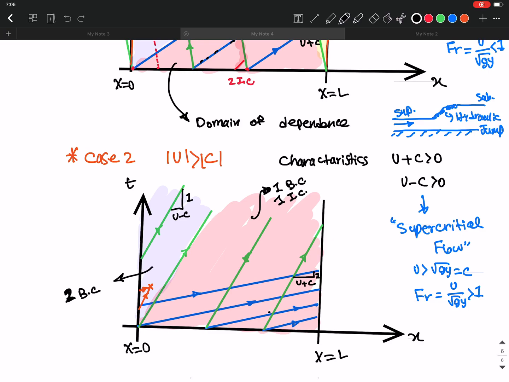Let me redraw it, because this is only for one region, and the other region has two initial conditions. So here is where we need one initial condition and one boundary condition.